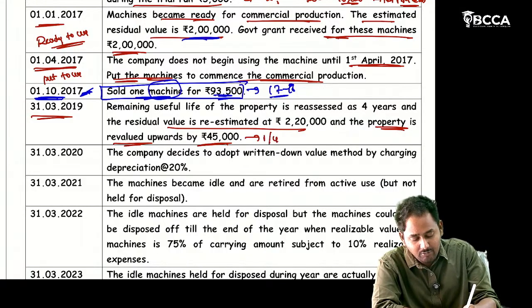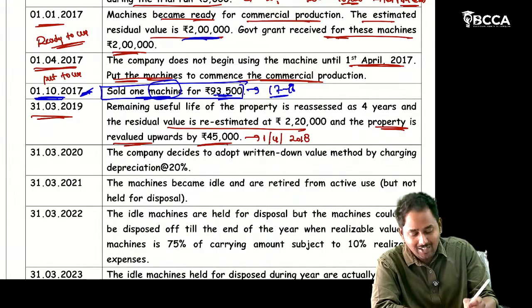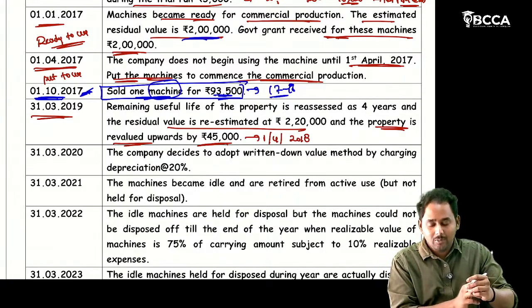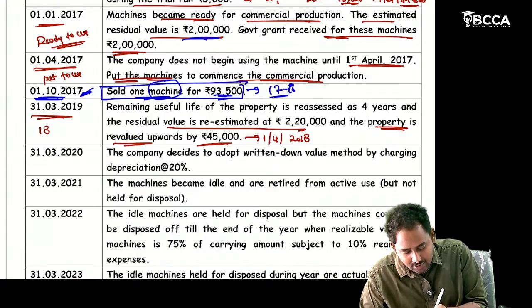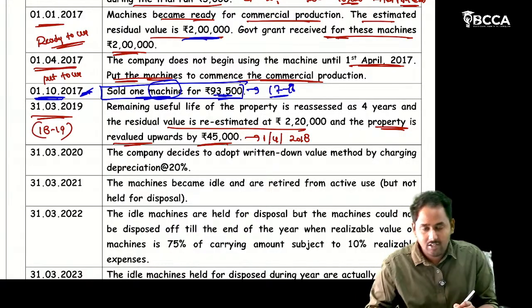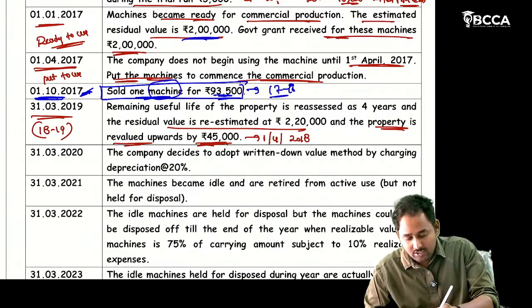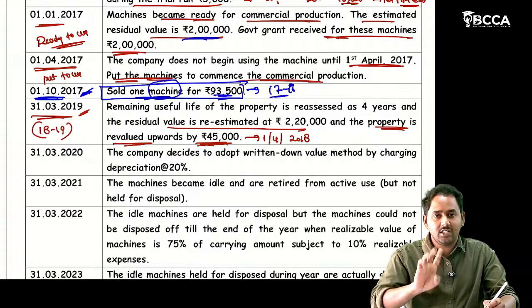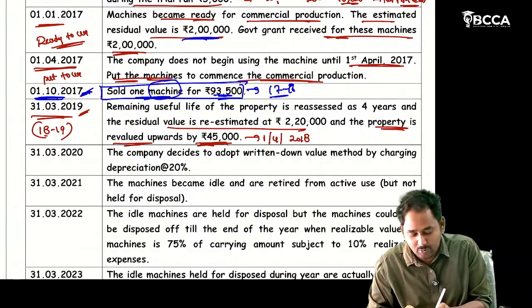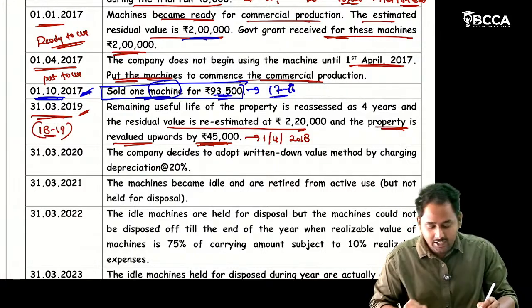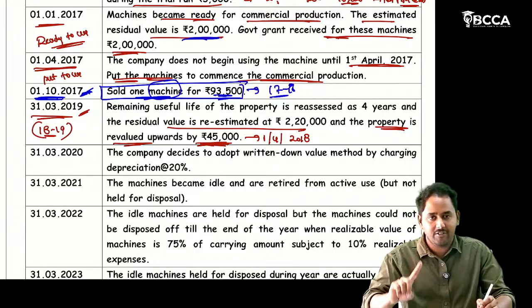It happened on 1/4/2018. Don't take 1/4/2019, it will go to another year. The information is given with respect to 18/19, and in 18/19, the revaluation is made upwards by 45,000. So it doesn't mean that it happened on 31st/3/19.